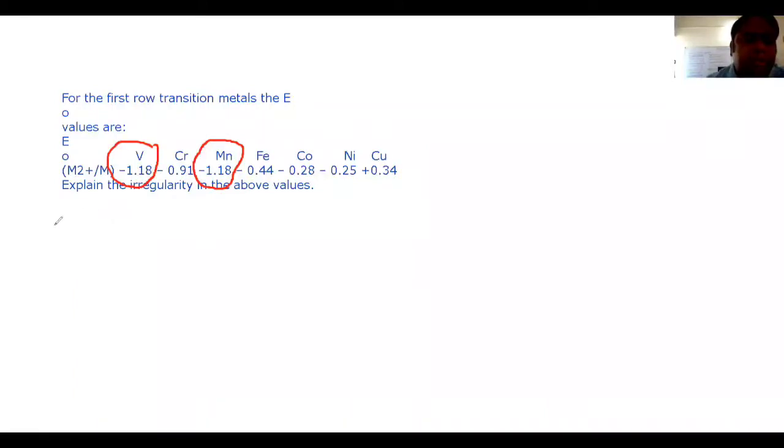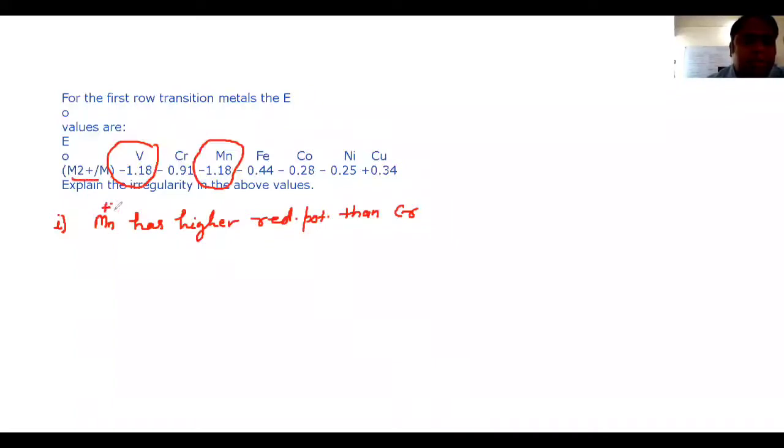So let us take it point by point. Manganese has higher reduction potential than chromium. Now, if I say manganese, it will be wrong because they are giving this state.